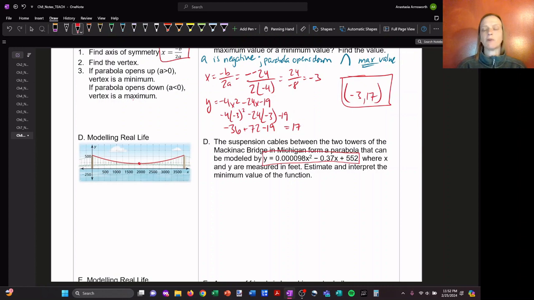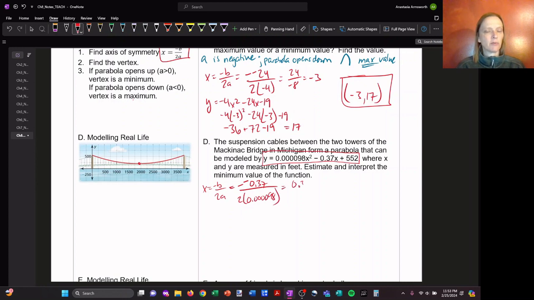So I'm going to follow the same procedure, even though this is a real world problem. I'll just do x equals negative b divided by 2a. So my b value is negative 0.37. So I've got negative 0.37 divided by 2 times 0.000098.